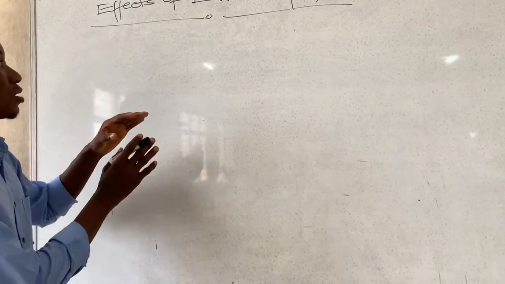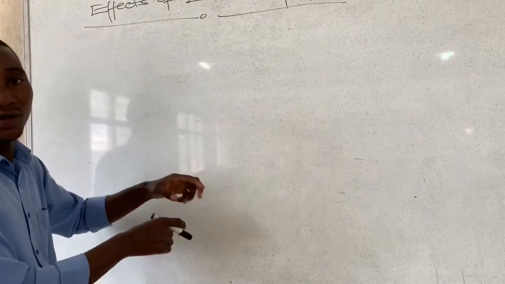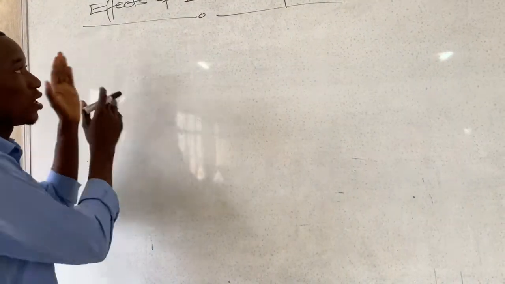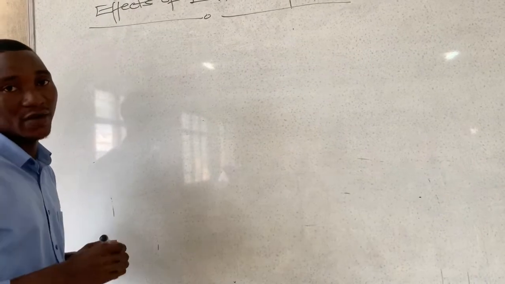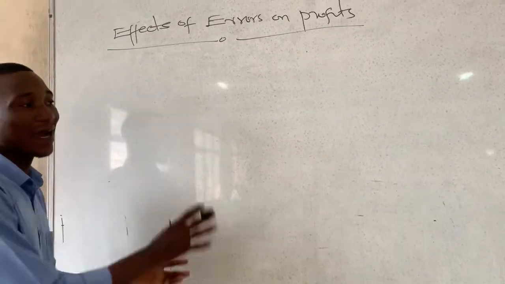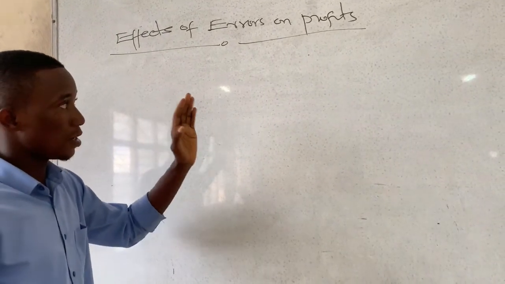So what we are actually saying is that we are considering items that are being found in the income statement. So if an error affects them, then we see how we adjust them to correct our net profit.